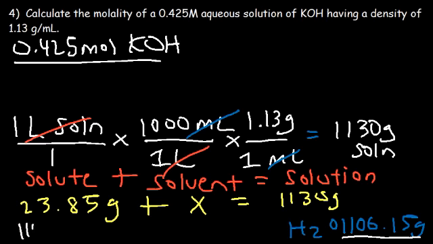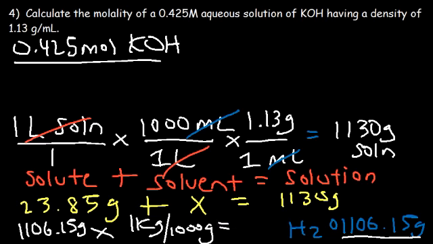So if you multiply it by 1 kilogram per 1,000 grams, you can get the kilograms of solvent. 1106 divided by 1,000 is about 1.106 kilograms of water. So moles over kilograms is going to give us the molality.